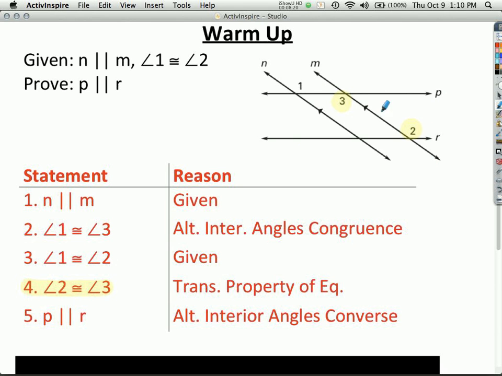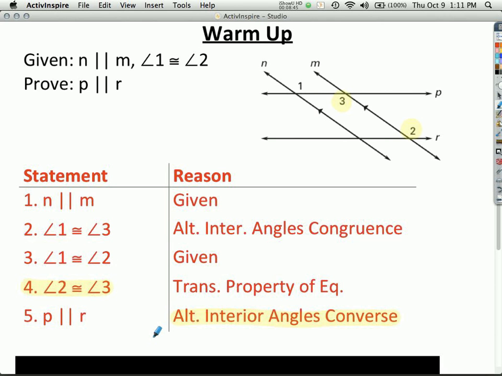These are the only two labeled angles. So we need to prove that those two are congruent because we know this. We know that there's a converse of the alternate interior angles congruence theorem. The converse says that if they are congruent, then those two lines must be parallel. So figuring this out was a key that established the path of logic.